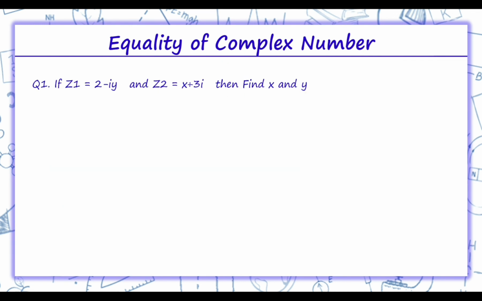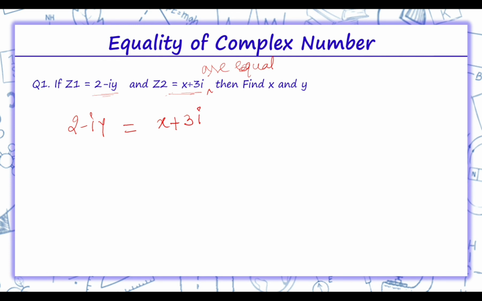Coming on to the question, we are provided with z1 is 2 minus iy and z2 is x plus 3i. These two complex numbers are equal, so we have to find x and y. So obviously 2 minus iy equals x plus 3i.